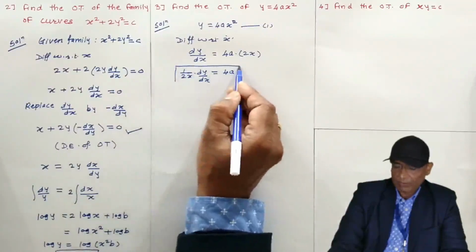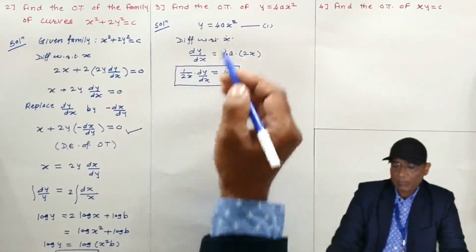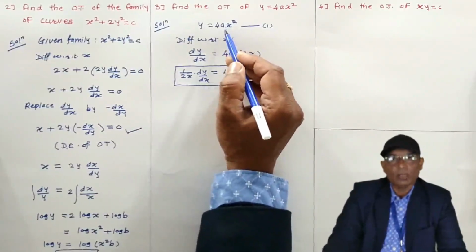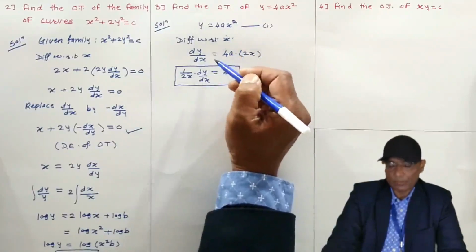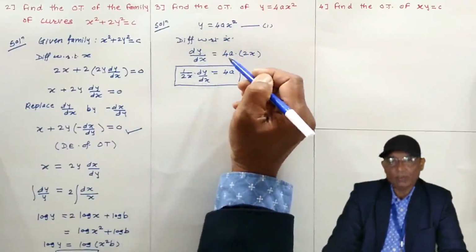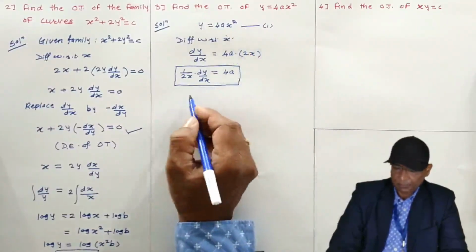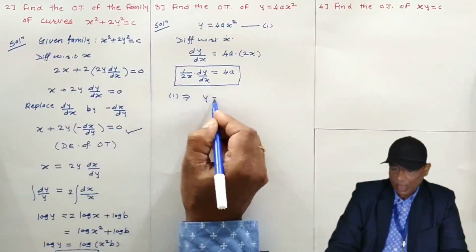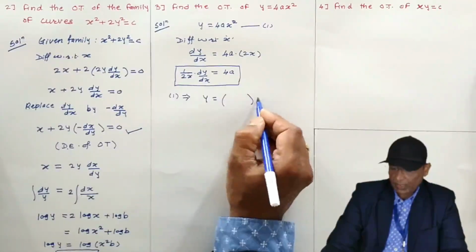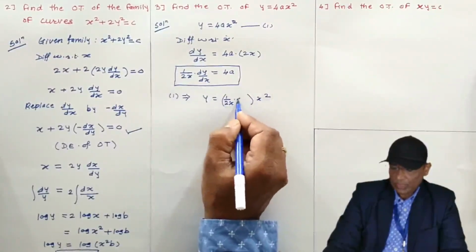This 4a is equal to 1 by 2x dy by dx. This value of 4a you can put here, or you can find the value of 4a from here and put it in this equation, or find the value of 4a from this equation and put it in equation 1. The same thing. Now, equation 1 implies what I am going to do: I am going to put the value of 4a in this bracket. The value of 4a is what? 1 by 2x dy by dx.